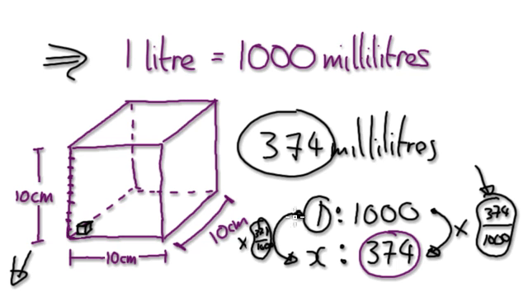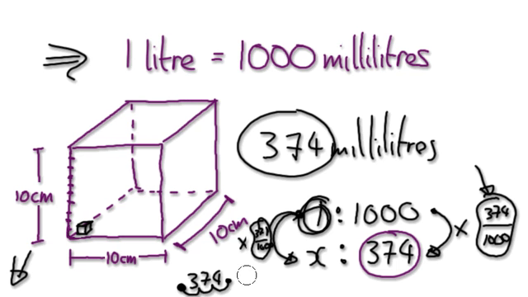So you would get 1 times the multiplier, and that would be the x, which is 374 divided by 1,000. At the moment the decimal of 374 is here. We need to move it 3 places to the left: 1, 2, 3.